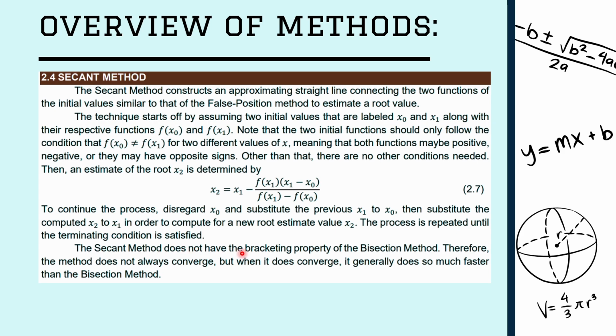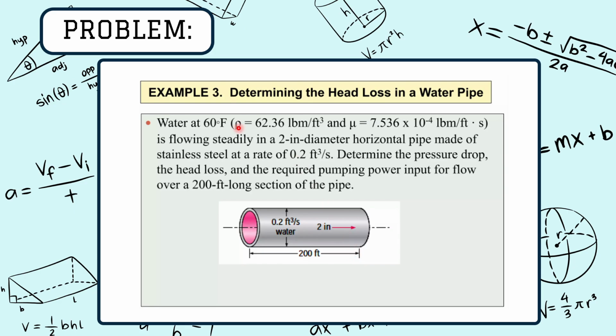The secant method does not have the bracketing property of the bisection method. Therefore, the method does not always converge, but when it does converge, it generally does so much faster than the bisection method. For example, determining the head loss in a water pipe. Water at 60 degrees Fahrenheit has a density of 62.36 pound mass per cubic feet and a dynamic viscosity of 7.536 times 10 raised to negative 4 pound mass per foot second.